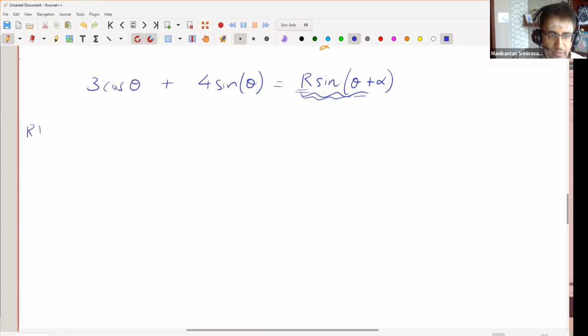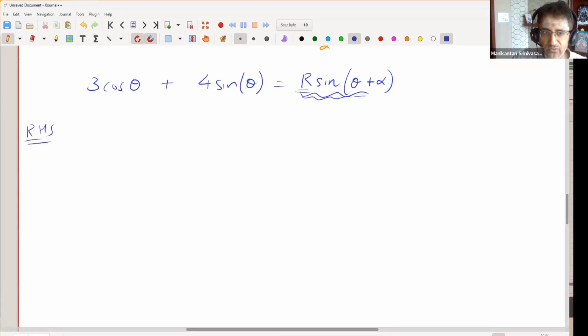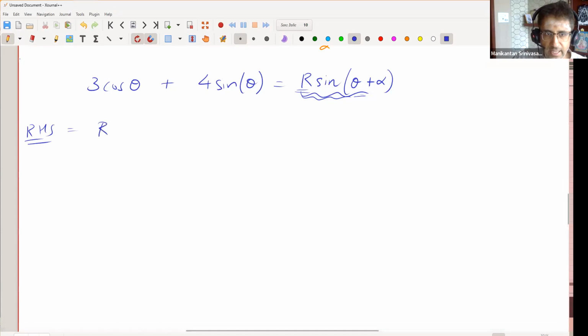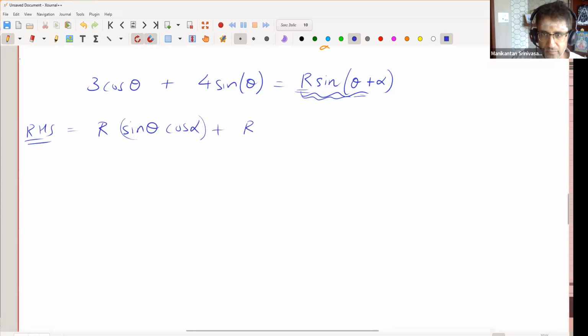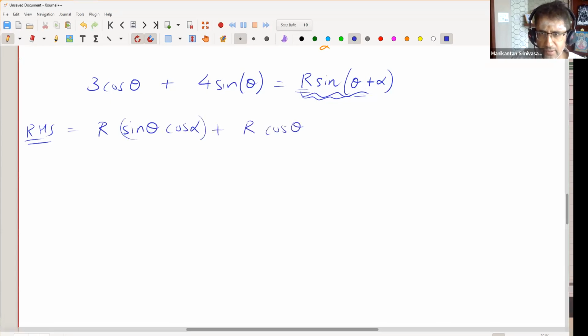Now, what is the right hand side? If I expand sine of a plus b, it is sine a cos b plus cos a sine b, right? So sine theta cos alpha plus cos theta sine alpha. That's the right hand side. And the left hand side is 3 cos theta and 4 sin theta.